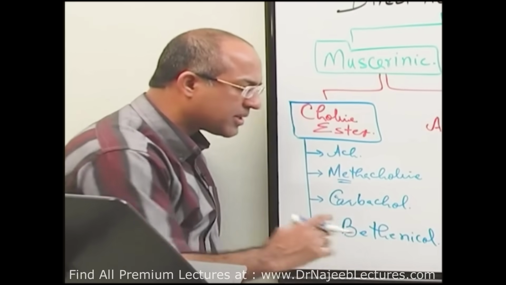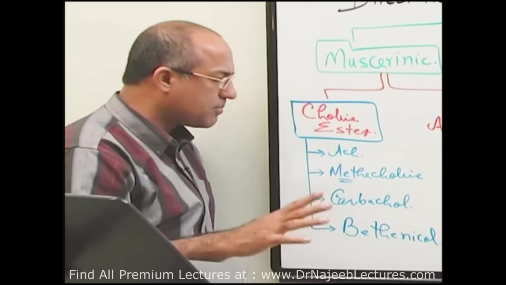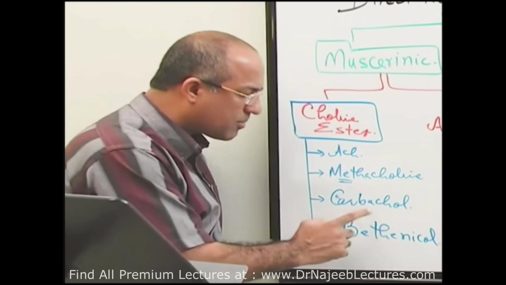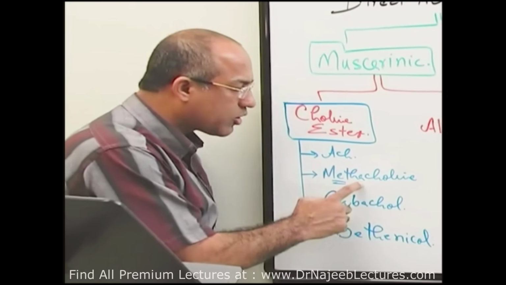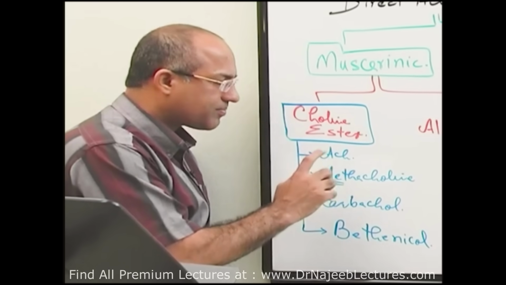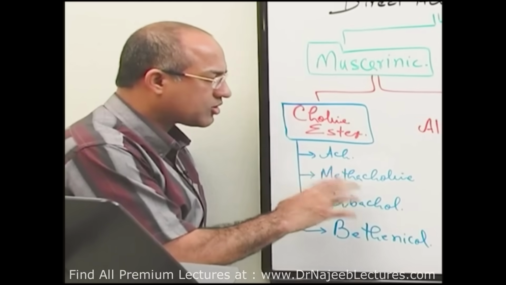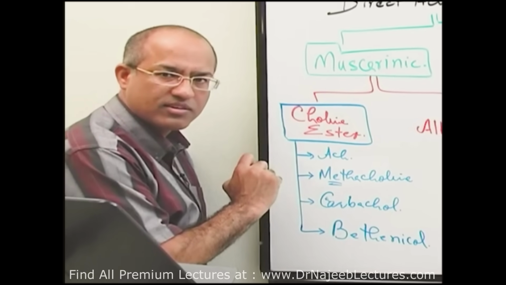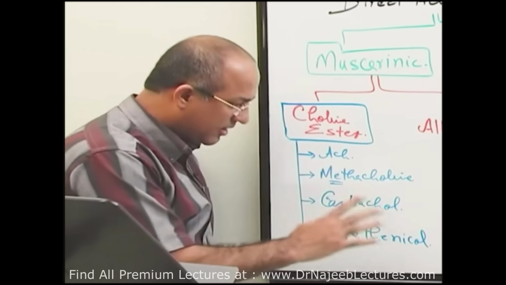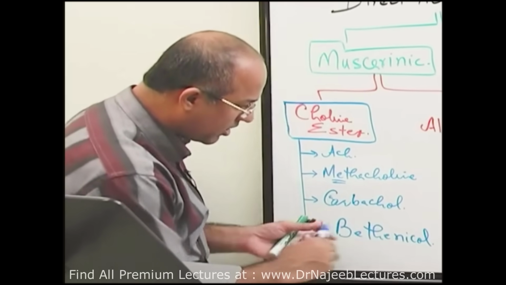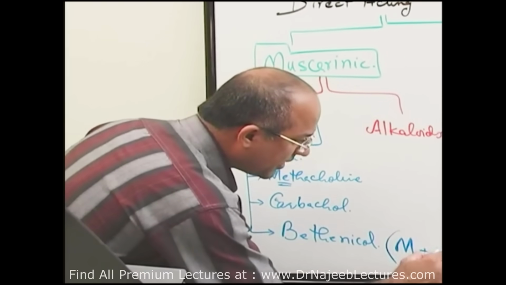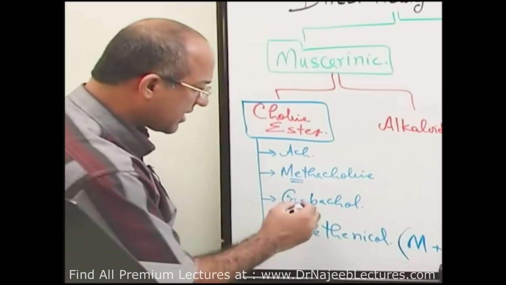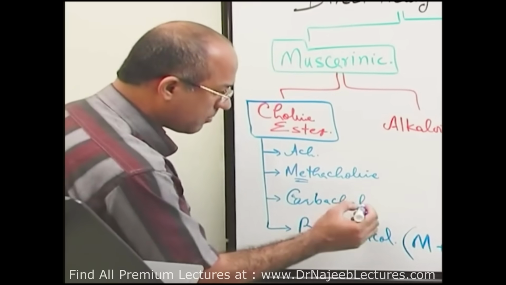If you don't want to remember this, no problem, but you have to remember that methacholine, carbachol and bethanechol are basically molecules which are able to stimulate the muscarinic receptors, preferably. Especially about bethanechol, it has main action on muscarinic, but it does have some little action on nicotinic also. But others are mainly on the muscarinic.